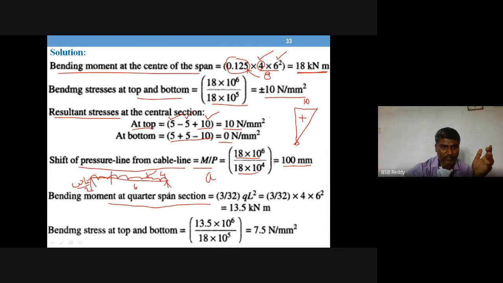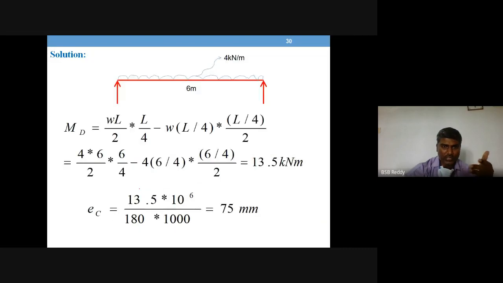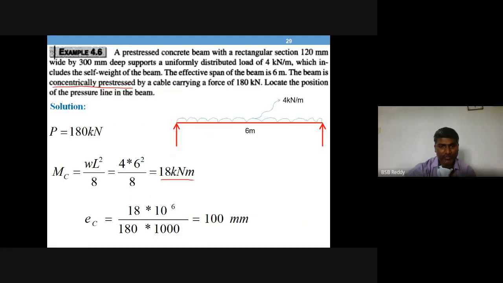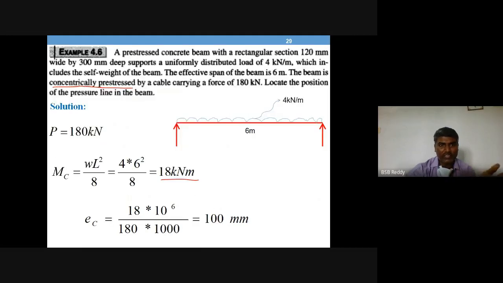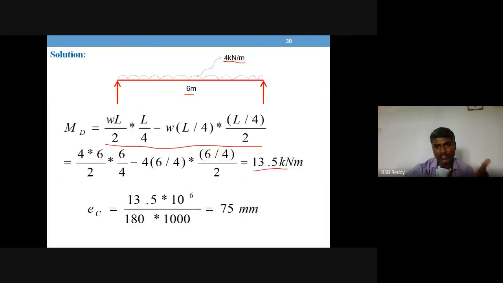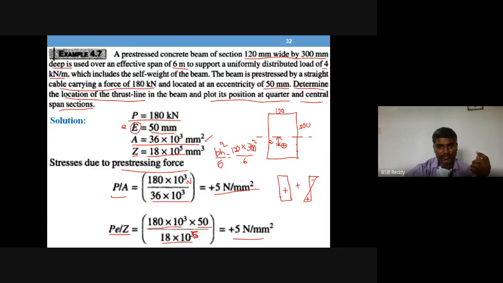Taking quarter span, L by 4, we wrote a formula also. Just copy down the same formula and the same values, 4 and 6, from the last example. Same bending moment, WL square by 8, 18 kilonewton meter. Same example, but earlier it was a concentric cable, now it is an eccentric cable. That's the only change.